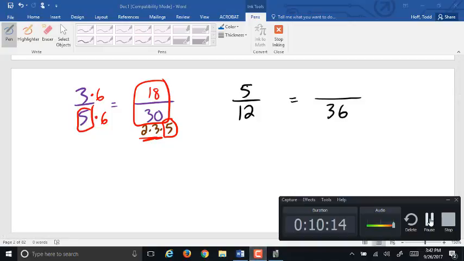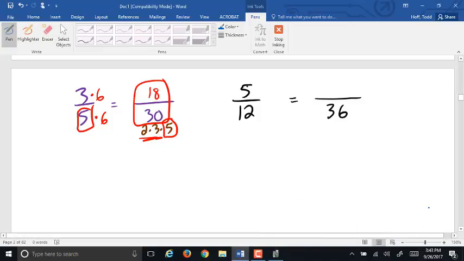And we'll talk about those in about 30 seconds. So 12 factors into what? 2 times 6, 2 is prime, 6 is 2 times 3. So 12 is 2 times 2 times 3.